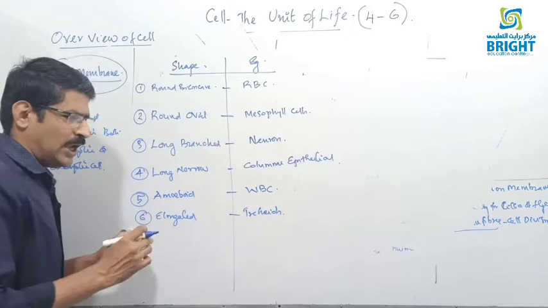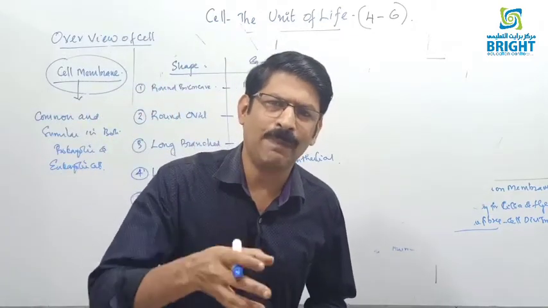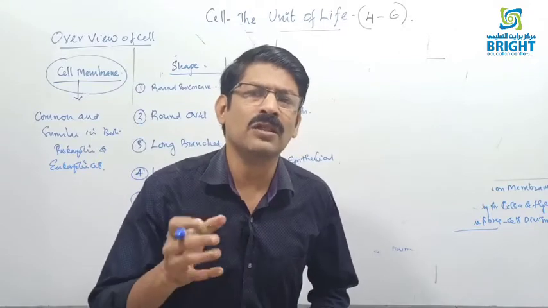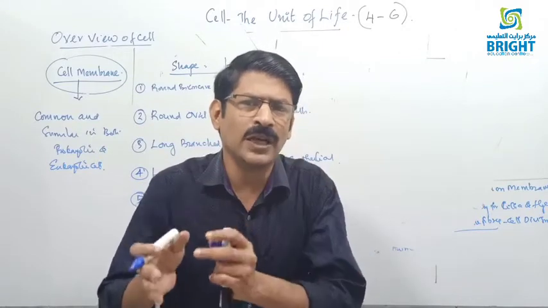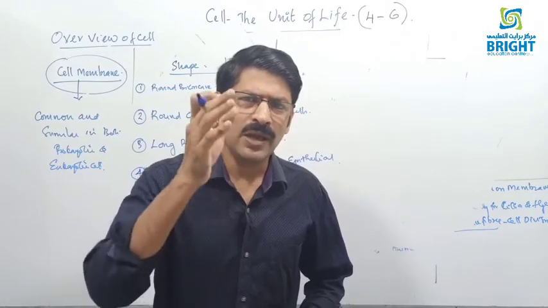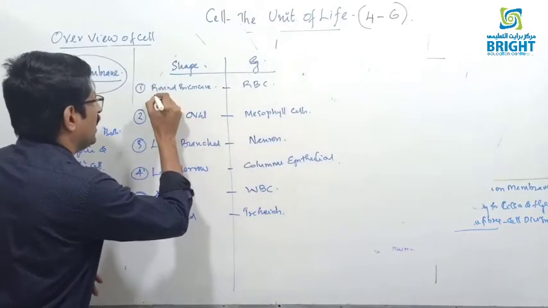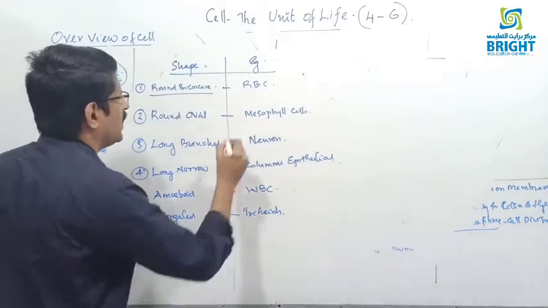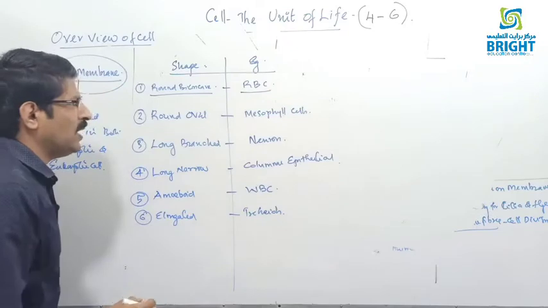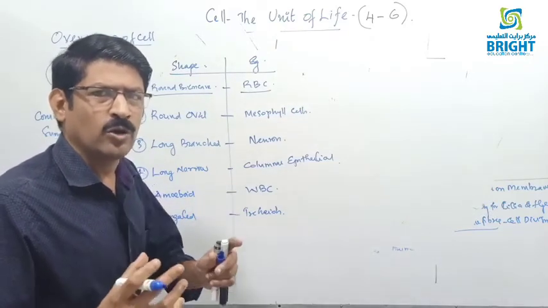So the shape of the cell is different. The shape and structure of the cell is designed to perform the function it is performing, that we can see here. In the case of round biconcave cell, it is RBC which carries oxygen and transports gaseous molecules throughout the body.